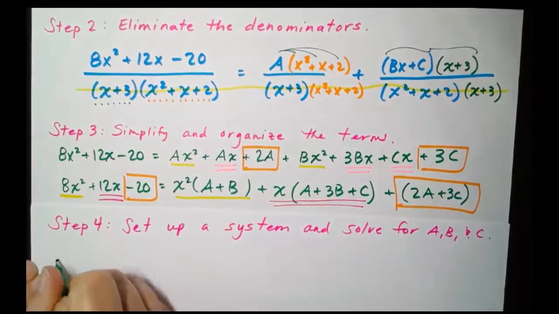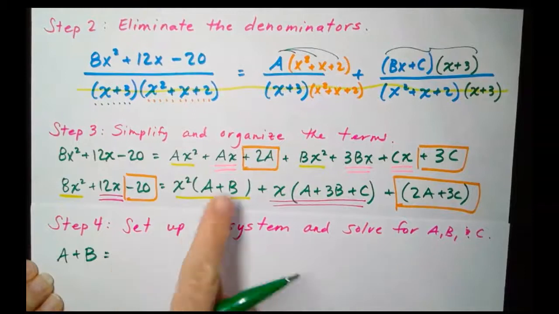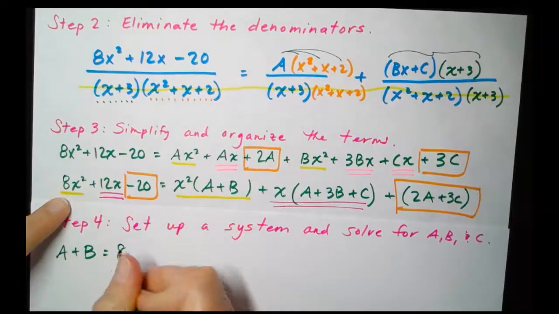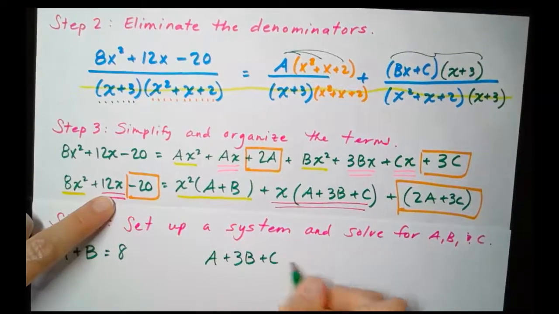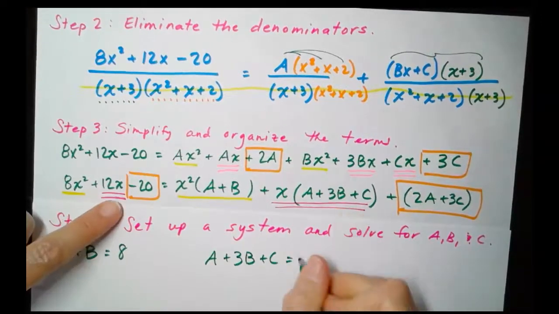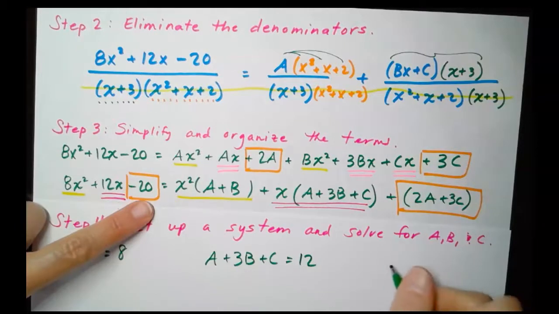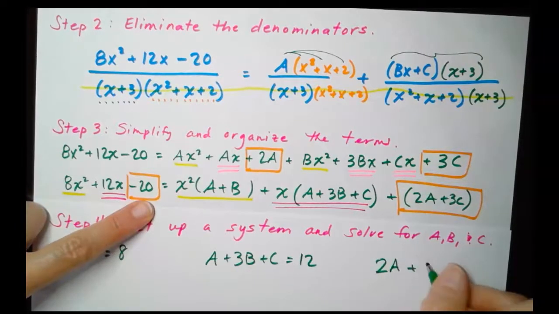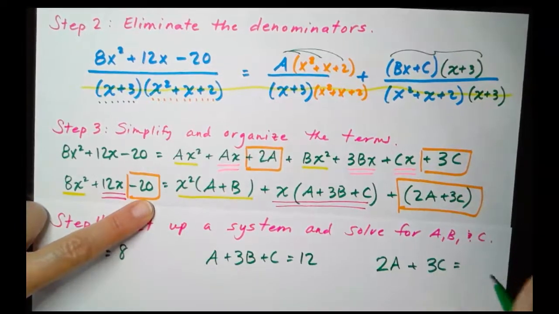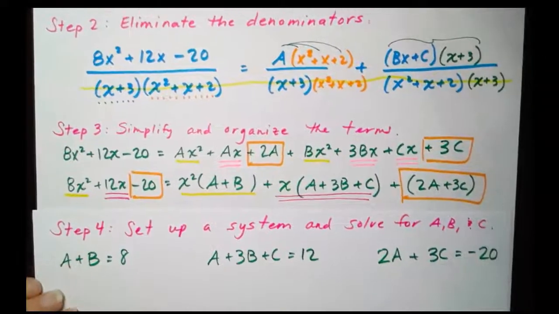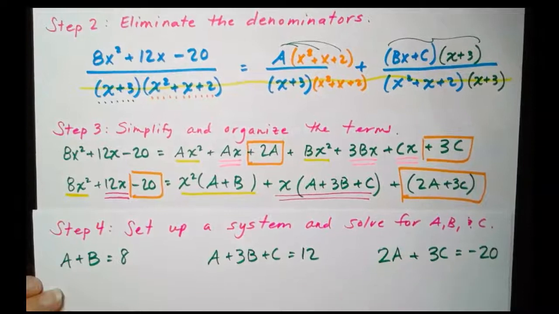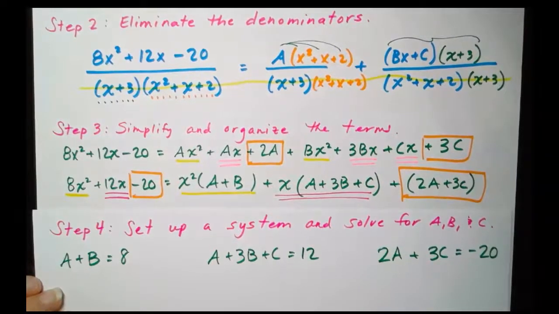So A plus B is equal to 8. A plus 3B plus C is equal to 12. And then 2A plus 3C is equal to negative 20. So there's our system set up from the equation in step 3.